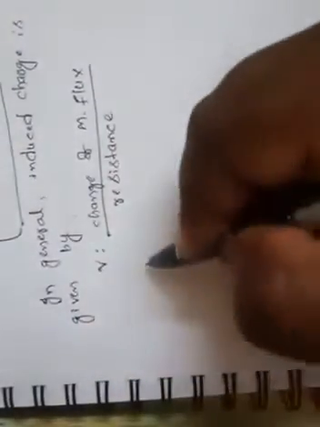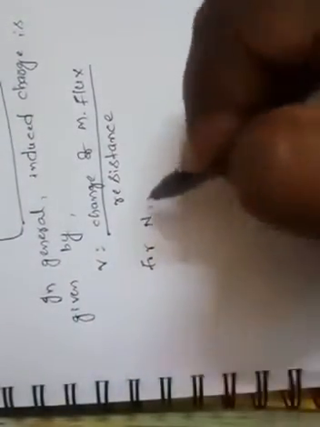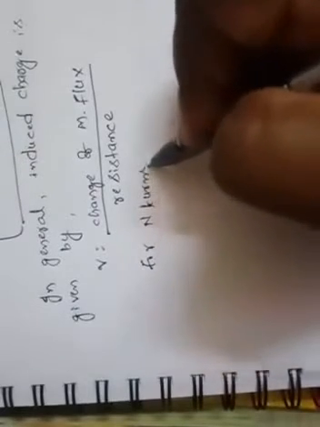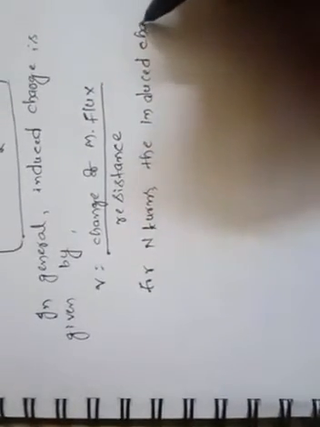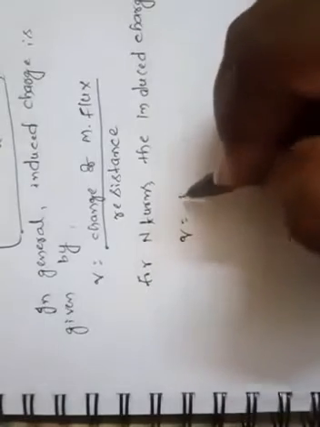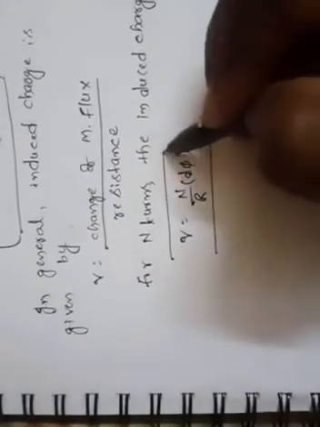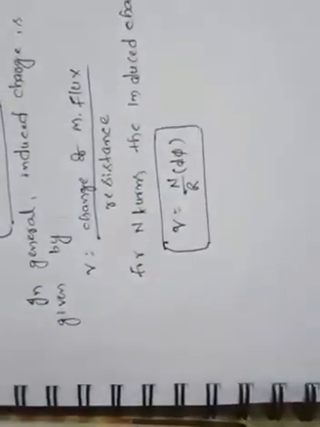For N turns, the induced charge Q is equal to N by R into d phi. Keep this expression in mind for calculating induced charge in the circuit.